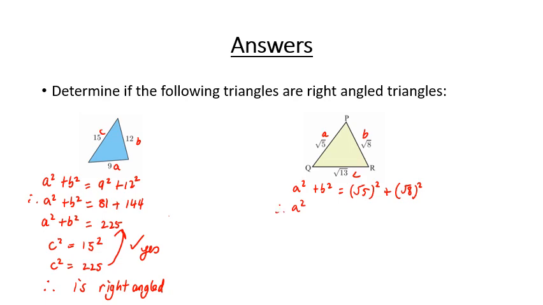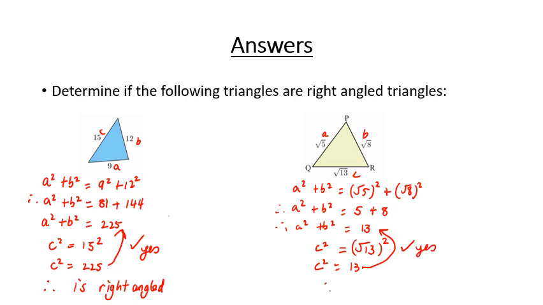Therefore, A squared plus B squared is simply 5 plus 8. Therefore, A squared plus B squared equals 13. Now I'm going to work out what my C squared is. The square root of 13 all squared, my C squared is 13. That is correct. Yes, and again, therefore, this is right angled.